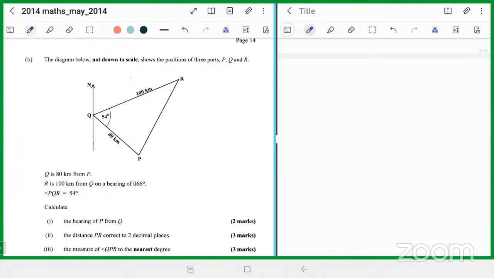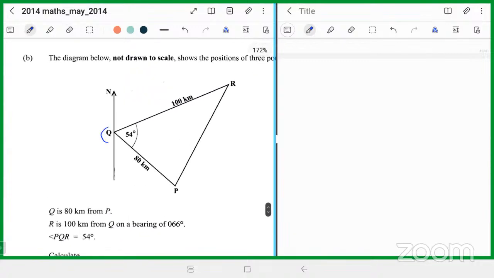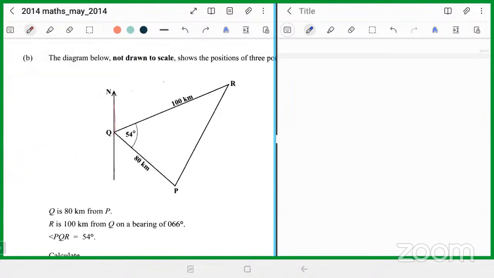But they tell us that it's on a bearing of 066 degrees. So from Q to R, the bearing is 066 degrees. Again, it's like you stand at the from position, let's do it in red, and you face north first. It's the angle to which you have to turn to the right in order to face the position that you're measuring the bearing to.